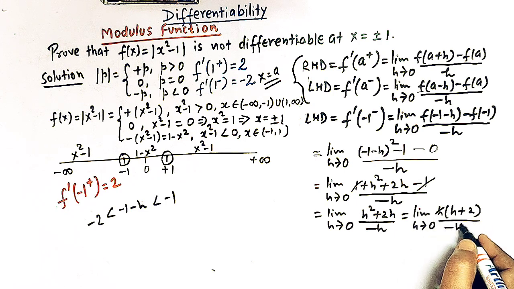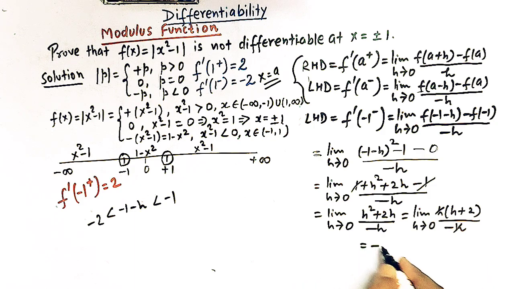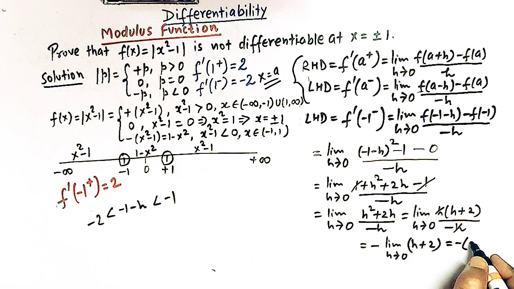Now h and h get cancelled, so we have minus limit h tends to 0 of h plus 2. So now taking h equal to 0, we have minus 0 plus 2, that is equal to minus 2.